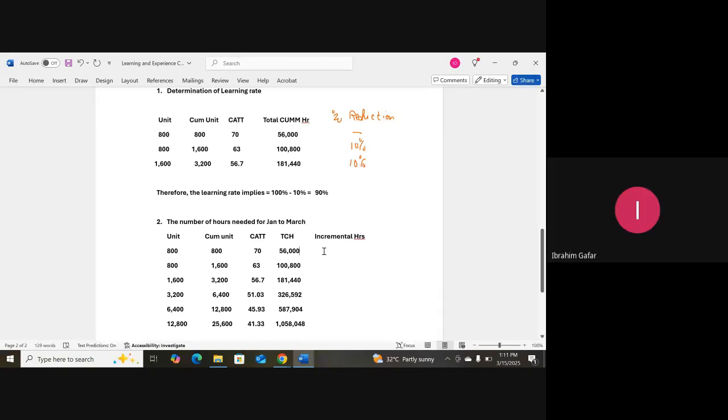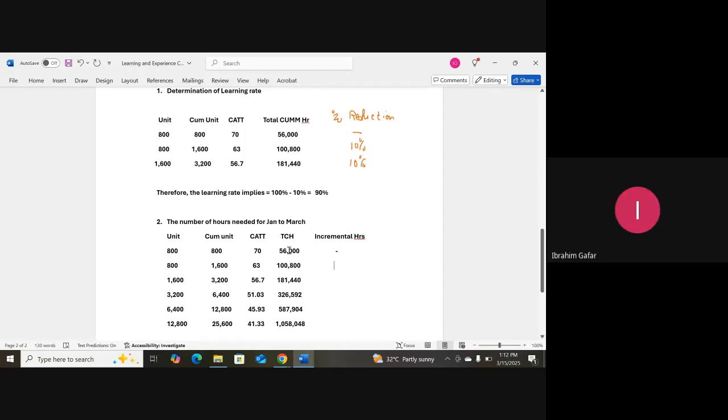Okay, so we want to look at the incremental now. From here I can put a dash. Then the incremental hour means between this one and this one.